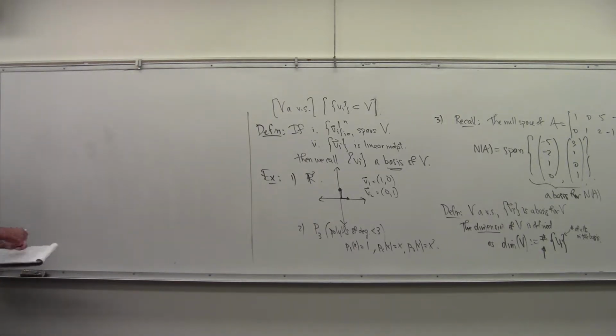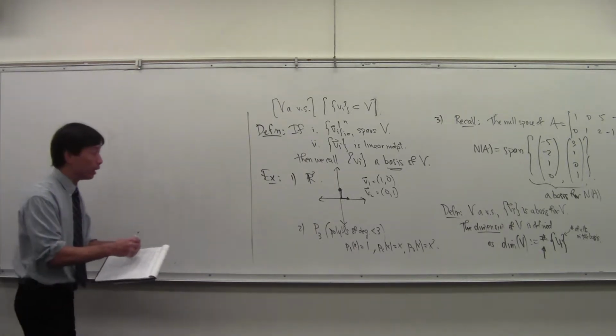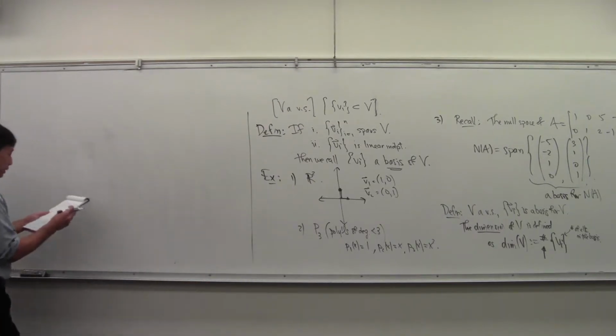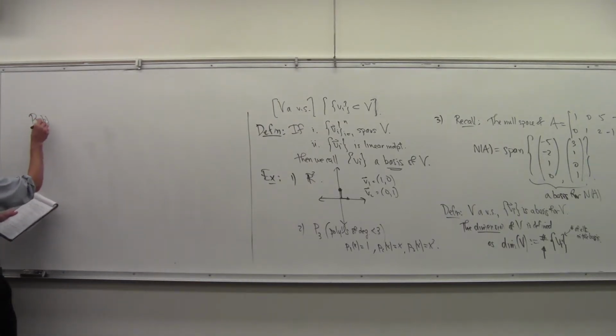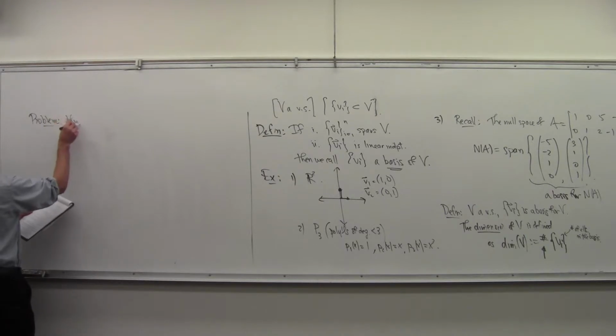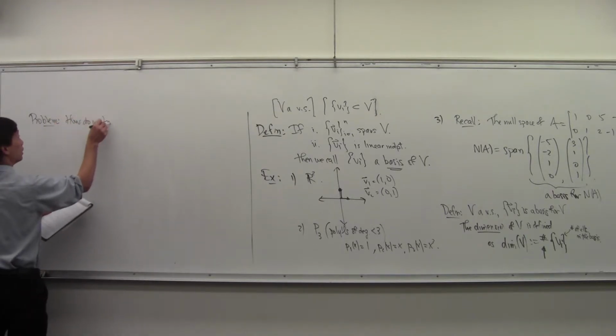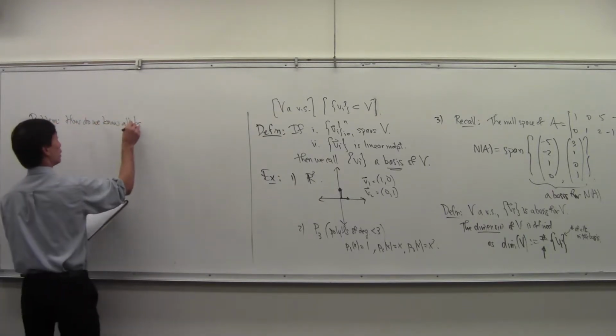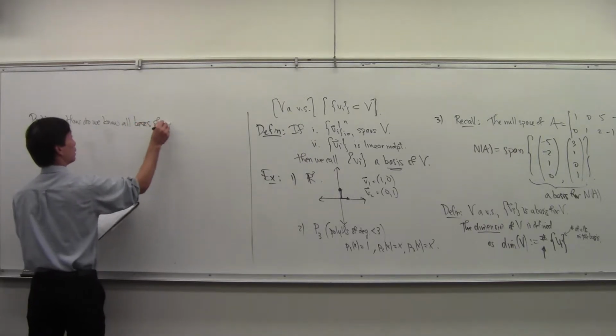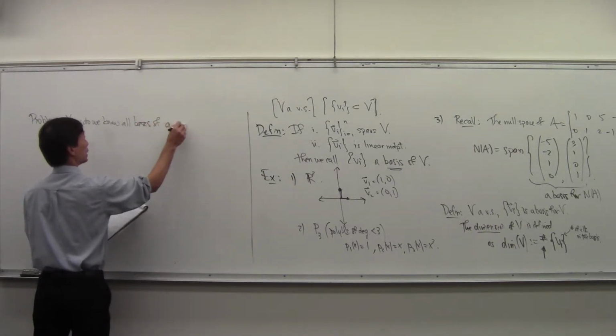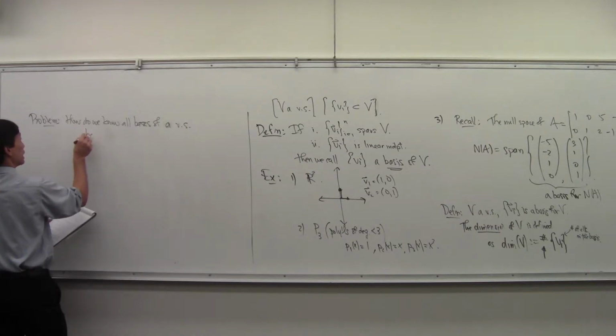So there's a problem, which is: how do we know all bases of a vector space have the same number of elements?